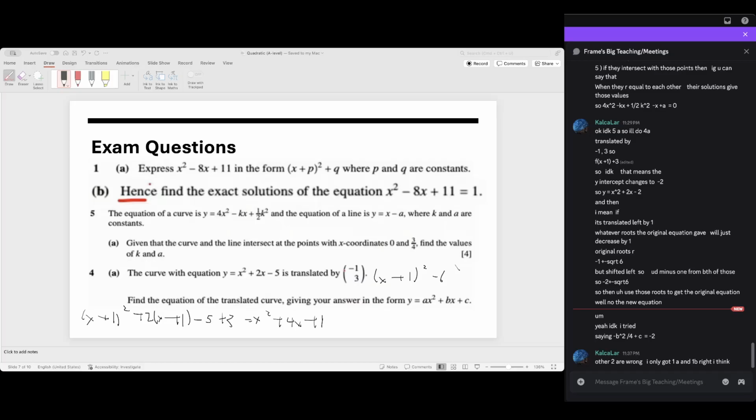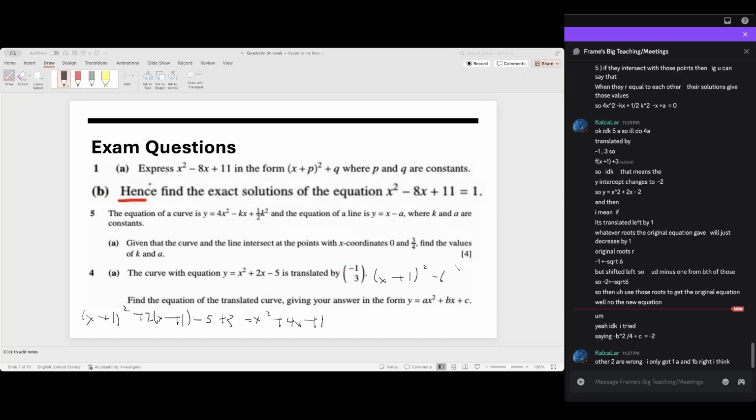So here you go, and you can look at the 5, given with x coordinates 0 and 3/4. The 0 is equal to 4x squared minus k plus half k squared.